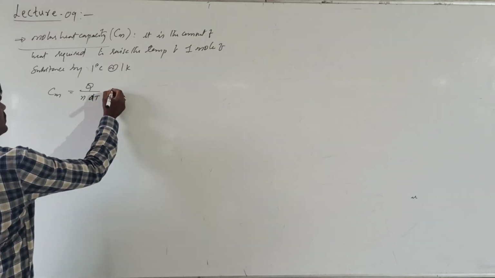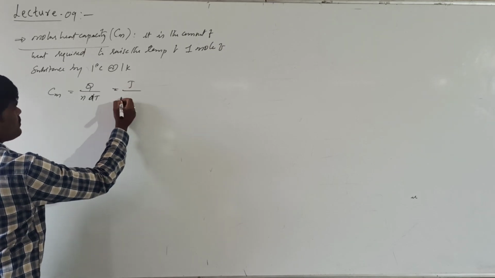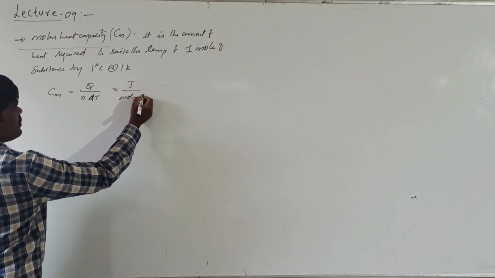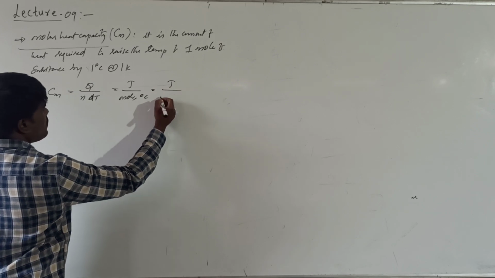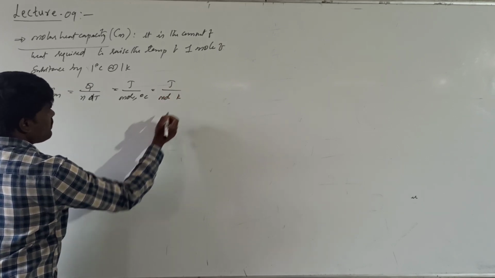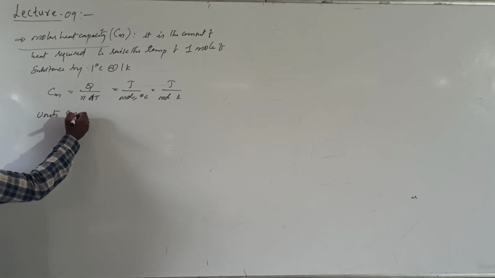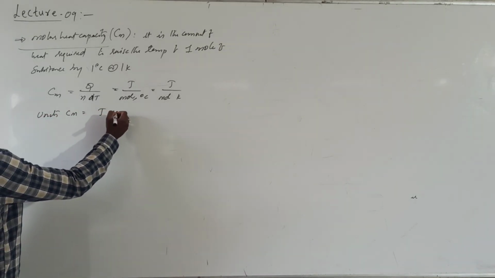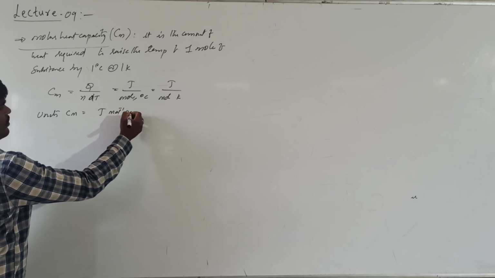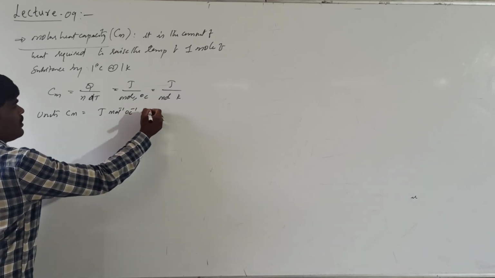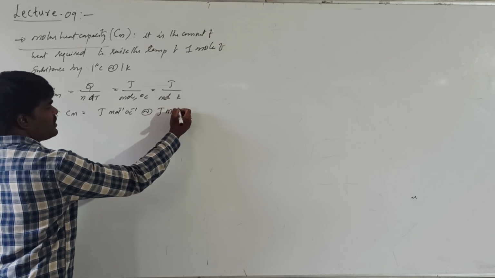What are the units? The units of Cm will be joules per mole per degree Celsius or joules per mole per Kelvin. Units are very important.